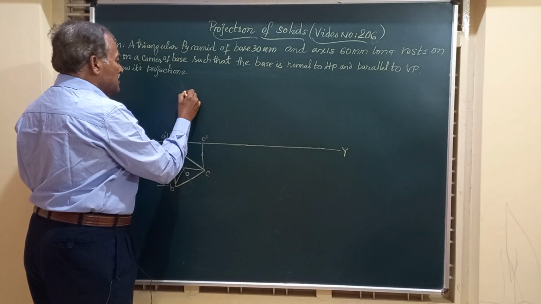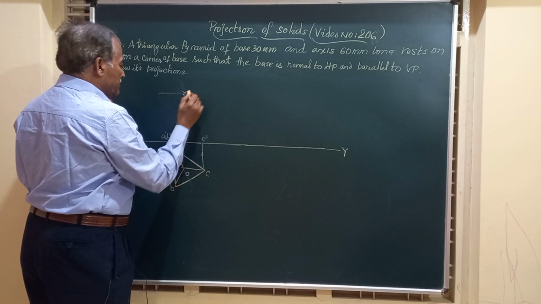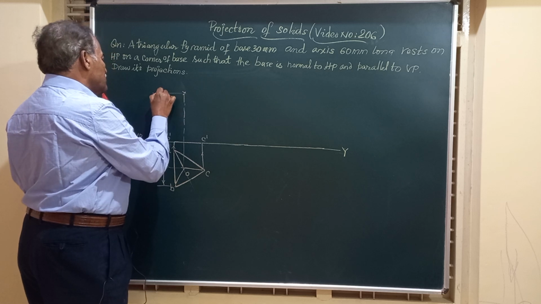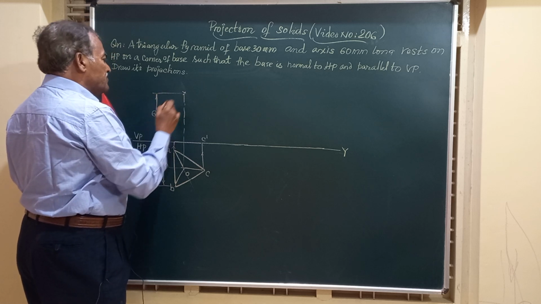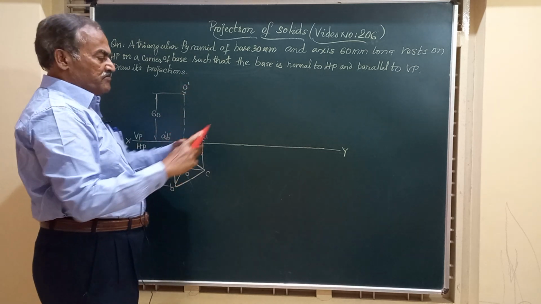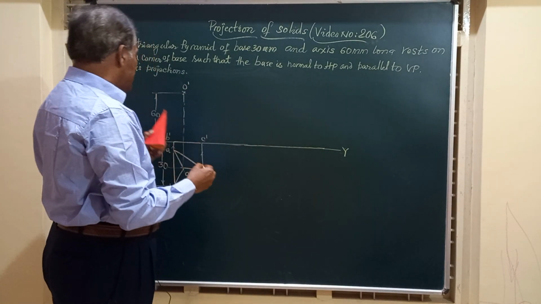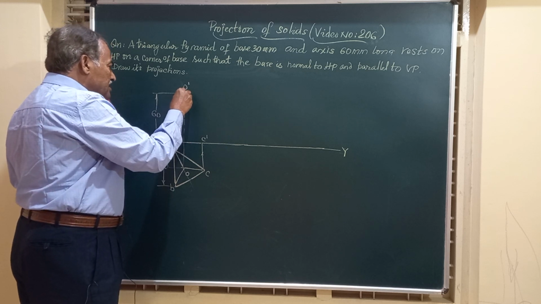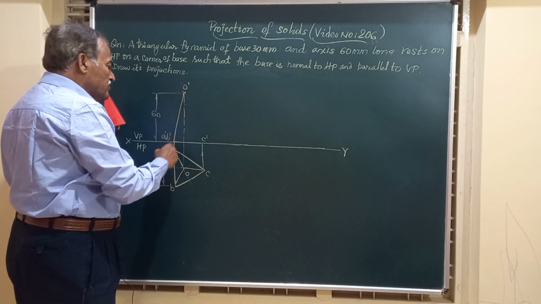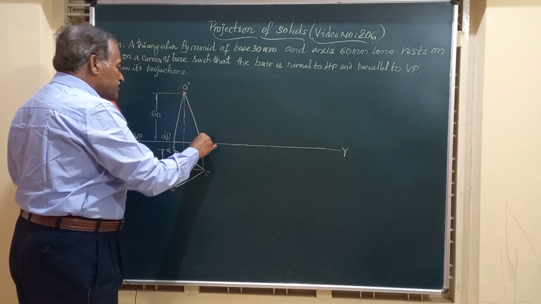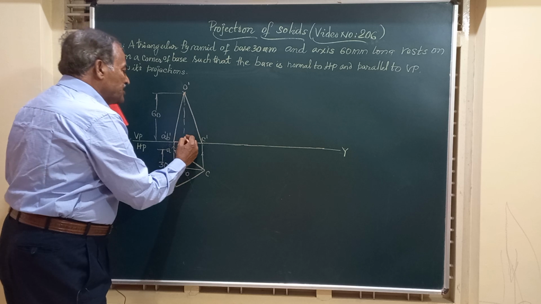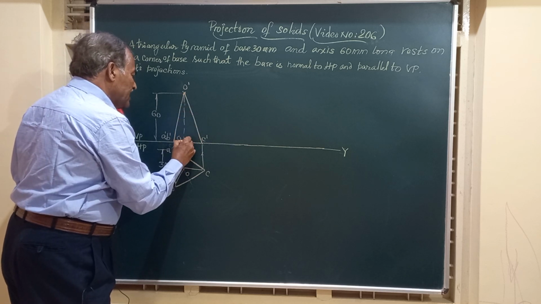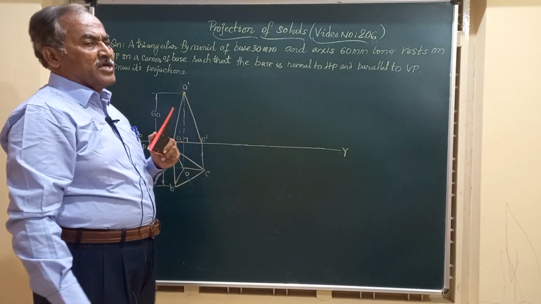Length of the axis or the height is equal to 60 mm, and I show this 60 millimeter perpendicular to HP. This is the height of the object. This is O dash, the vertex of the solid. Join O dash to all the corners of the base: O dash to A dash, O dash to B dash, O dash to C dash. This is how the object looks in the front view, and this axis O dash O1 dash is perpendicular to HP.